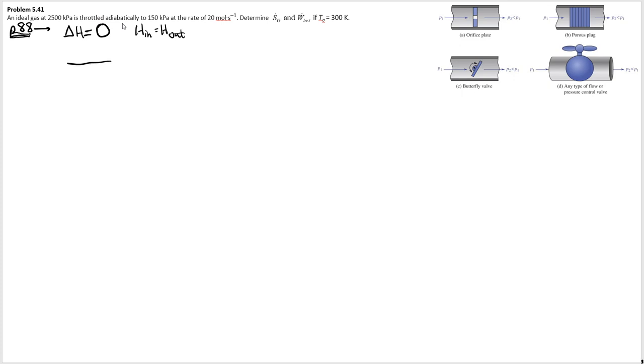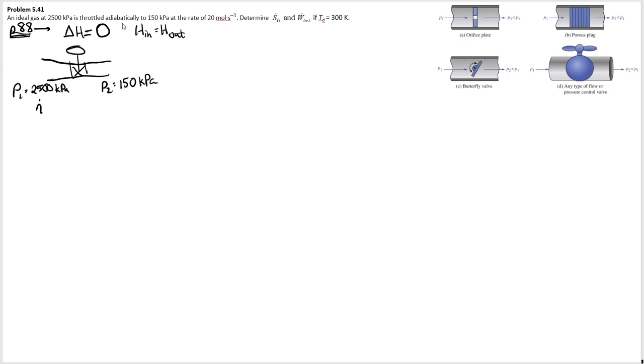And so we have this little valve here that we can open. P1 is 2500 kilopascals. Were we given temperature? Nope, we weren't given temperature. P2 is 150 kilopascals.